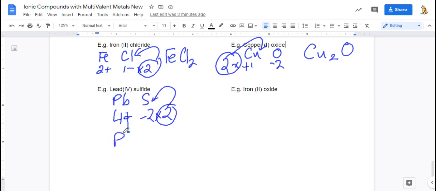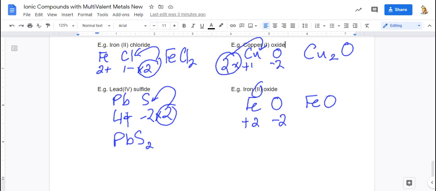So my formula is PbS2. Iron 2 oxide. Iron and oxygen. Iron's +2 because of the Roman numerals. Oxygen is -2. So these two numbers add up to 0, so I don't have to do any changes. So my formula is FeO.